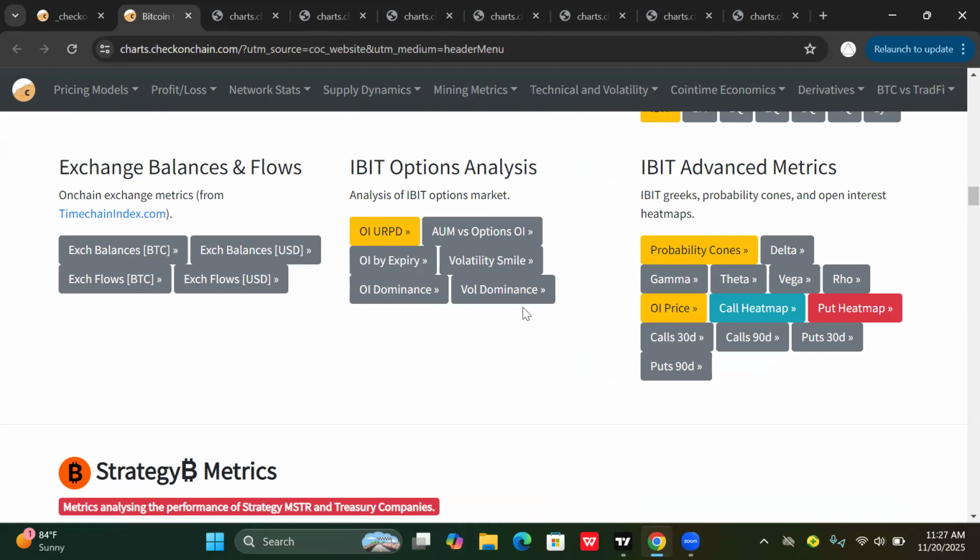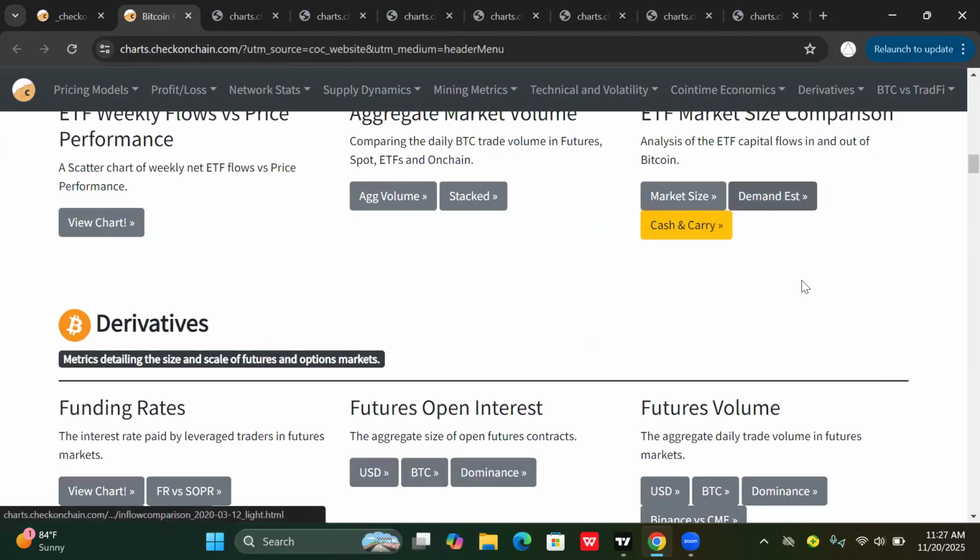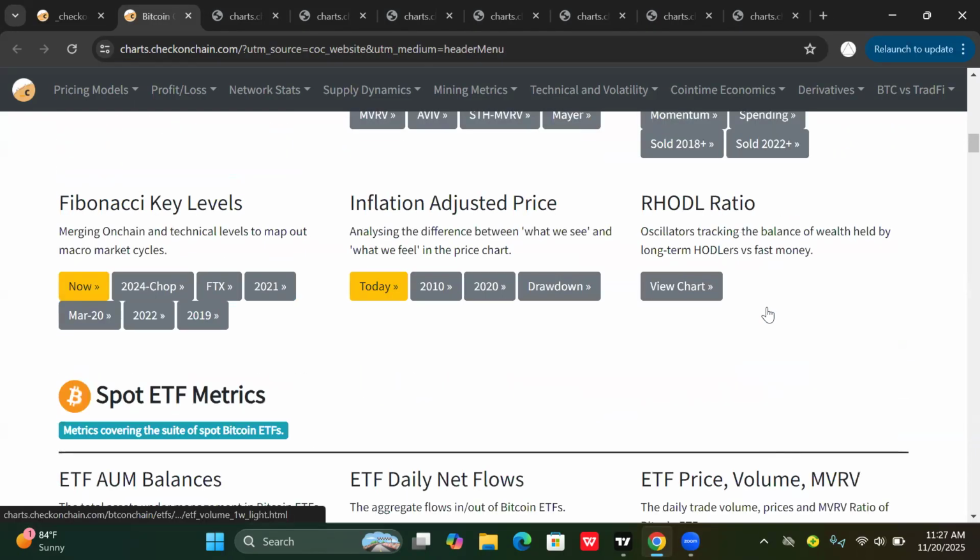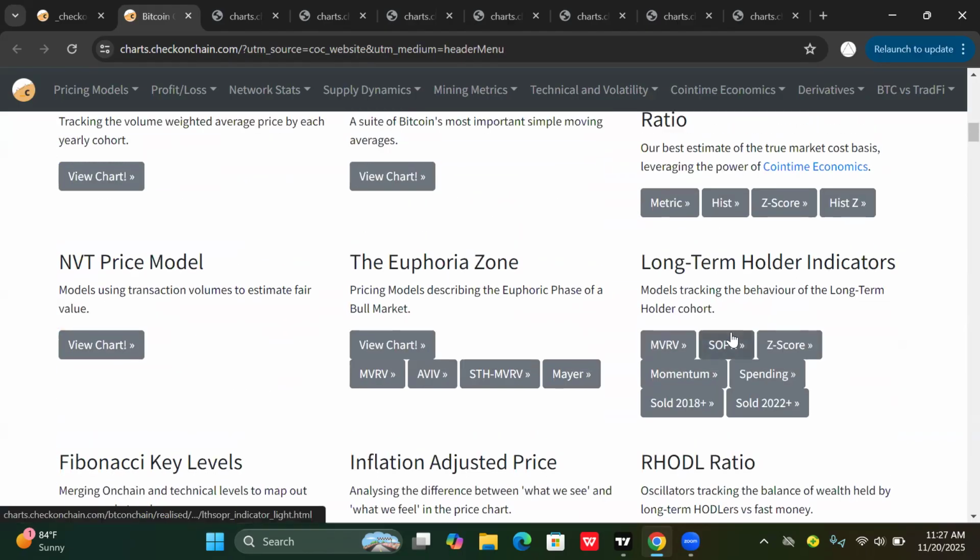It's a 90-day put, 90-day calls, 30-day put, 30-day calls. This is for the options market, but let's forget about that for now. Let's look at the long holders indicators. So the momentum.